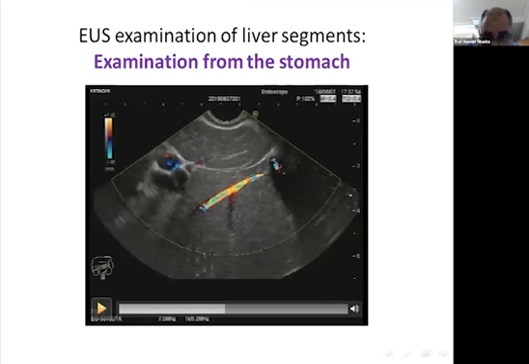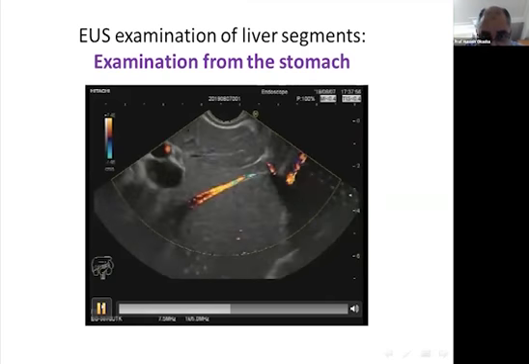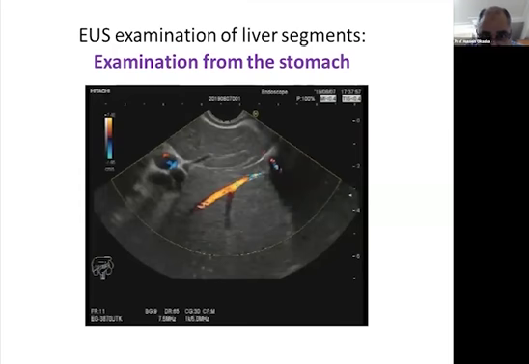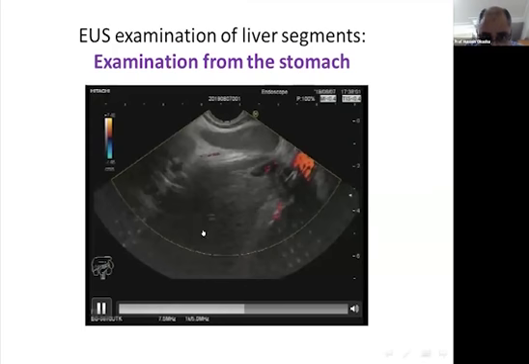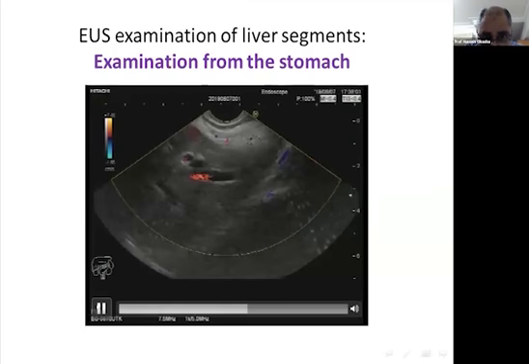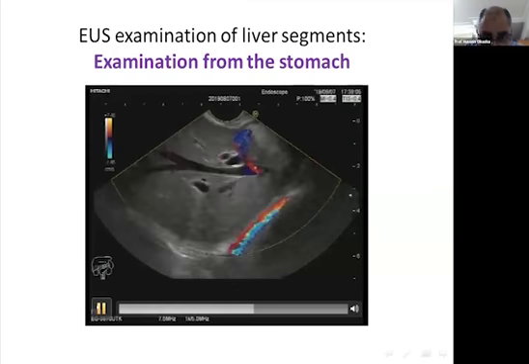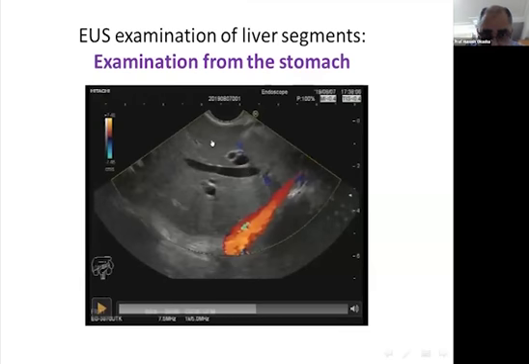Now I will keep further counterclockwise rotation to visualize the third vein, which is the left hepatic vein. This is very nicely seen left hepatic vein, separating segment 2 from segment 3.